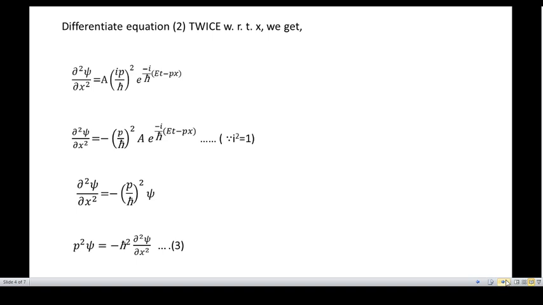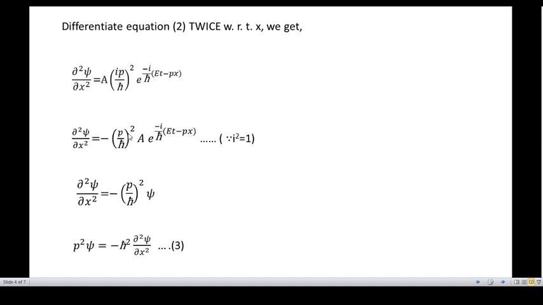Okay, so you know that there is a term i square into p square. So i square is equal to minus 1. Therefore you can write the same equation as dou square psi by dou x square is equal to minus (p by h cross) whole square into A e power minus i by h cross into (Et minus px).